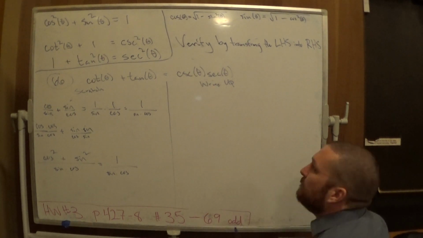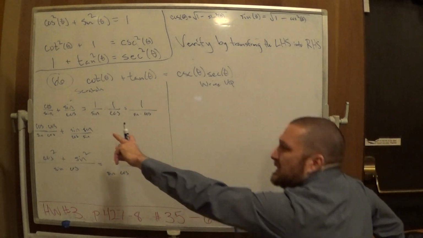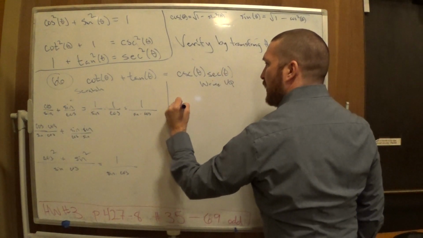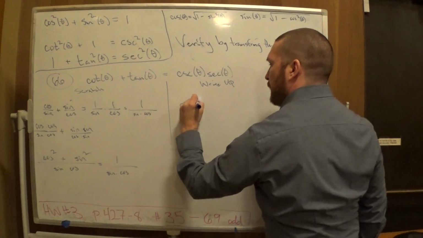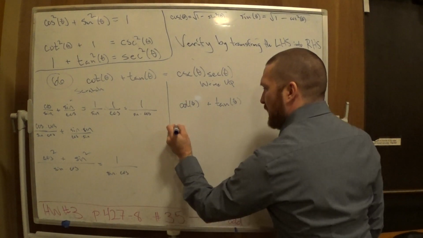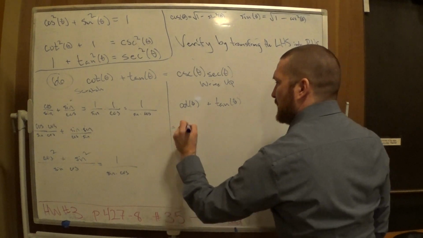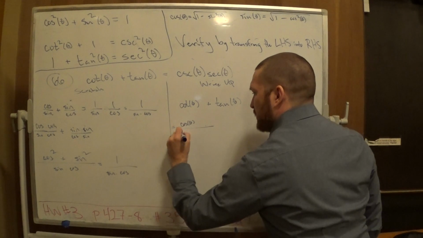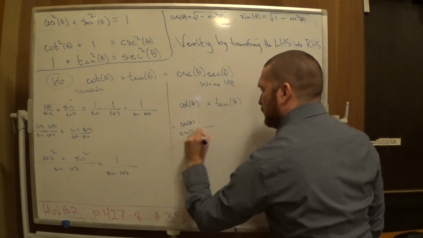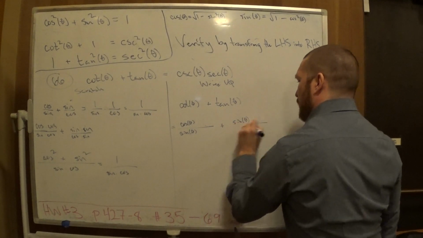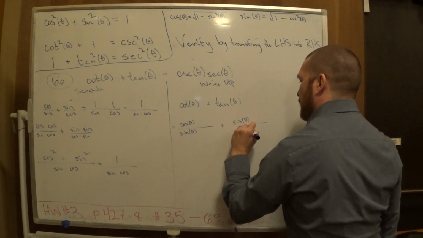But now that we've done that work, I can see the route I'm going to take. I'm going to start here with cotan theta plus tan theta. And I'm going to say that's the same thing as cosine theta over sine theta plus sine theta over cosine theta.